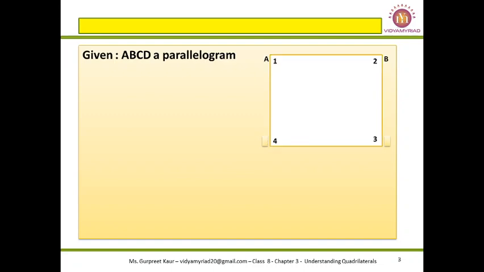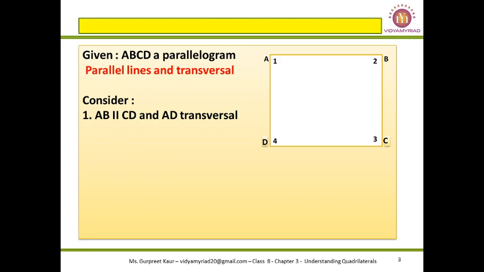Now let us again consider ABCD as a parallelogram with these interior angles as 1, 2, 3 and 4. Here we are going to discuss the parallel lines and the transversal property. Let's begin with the first part: AB is parallel to CD and AD is the transversal, the green line which you see.